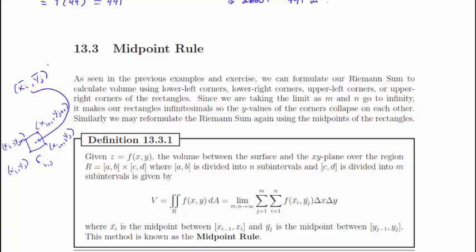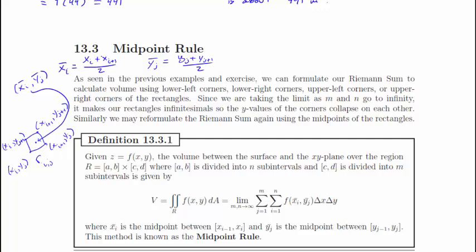So x sub i bar is going to be the average of x sub i plus x sub i plus 1 over 2. And y sub j bar is going to equal y sub j plus y sub j plus 1 over 2.